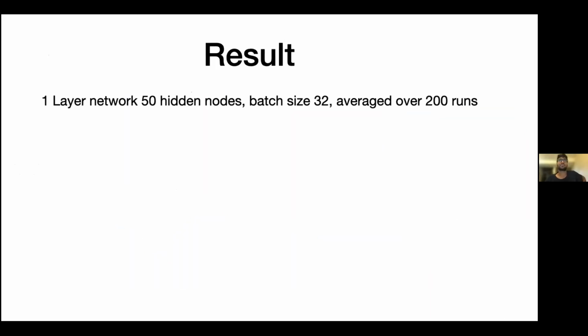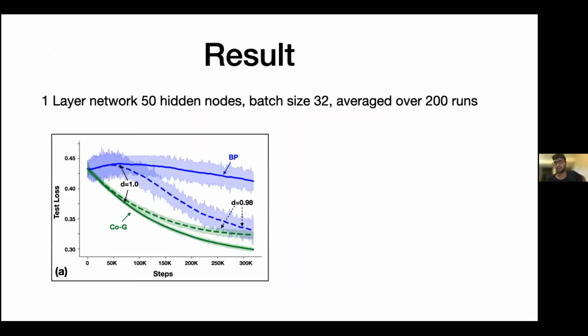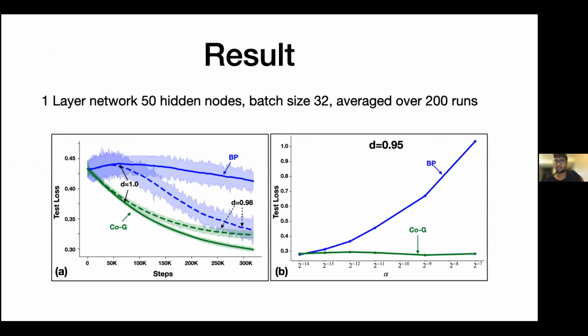And for D equal to 0, as expected, Backprop will outperform the networks. But for higher values of D near 1, we do observe that the networks are able to perform much better than Backprop. And the sensitivity to learning rate is also much less when compared to Backprop, which can be attributed to having a good amount of exploration.